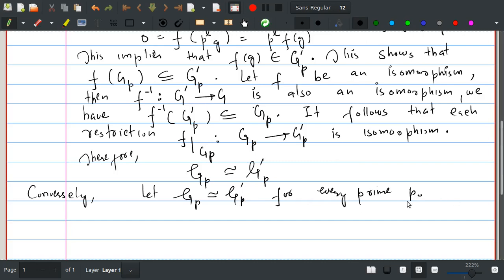It is given that these two groups are isomorphic. Let us consider an isomorphism, say f_p, between them. So let f_p from G_p to G prime_p be such an isomorphism.